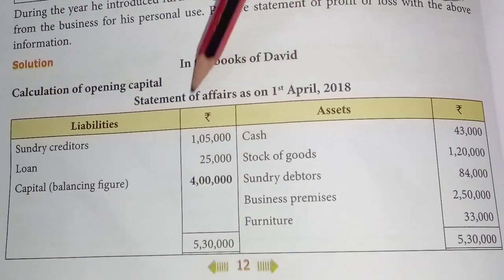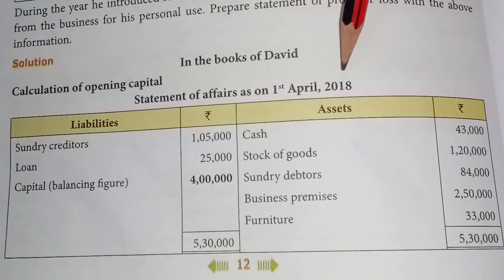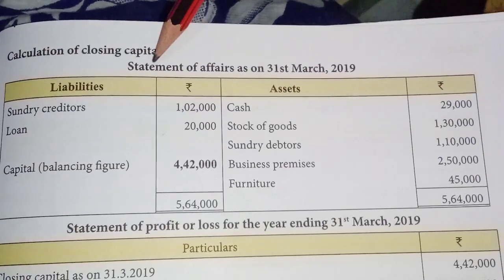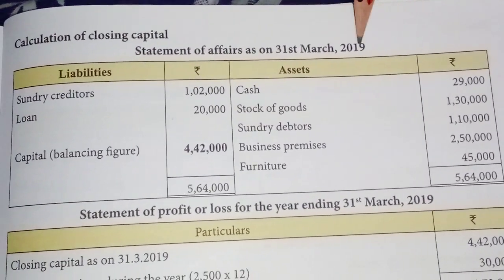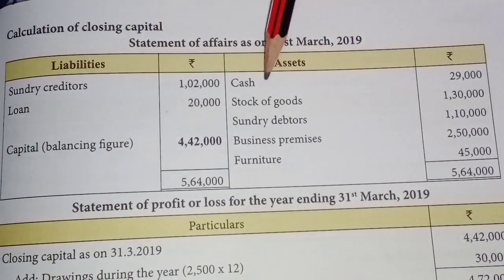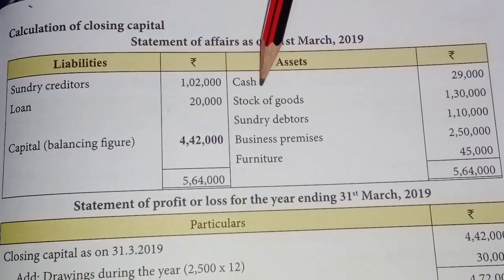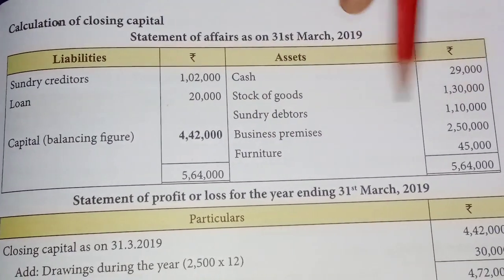Now we will see the statement of affairs as on 31st March 2019. Write the heading, statement of affairs as on 31st March 2019. Same way assets, liabilities, then same items only: cash, stock of goods, sundry debtors, business premises and furniture.